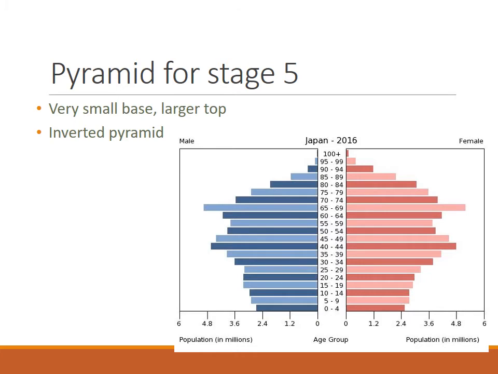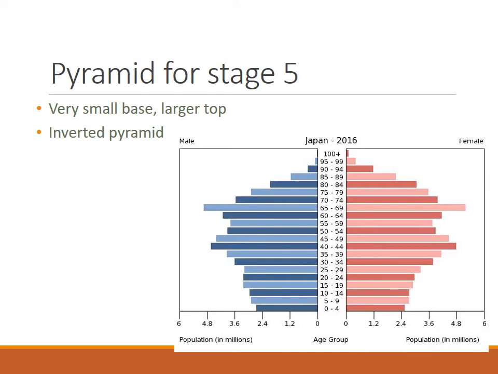And you can see that in the very small base, the larger top, and how the age cohorts as you approach the bottom are getting smaller and smaller as the average family size is reducing, but also as smaller and smaller cohorts of people are giving birth to smaller cohorts themselves, right? 100 people that give birth to 90 people.